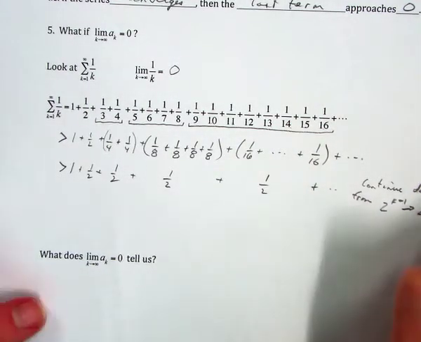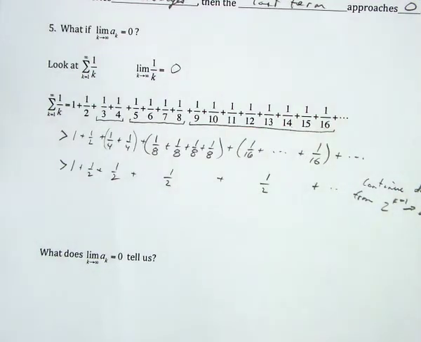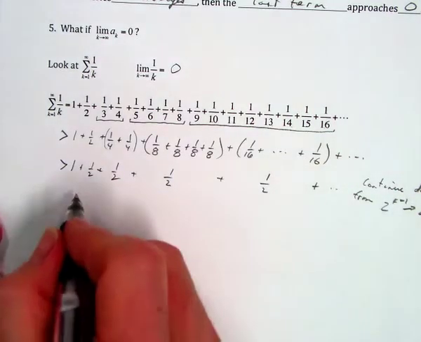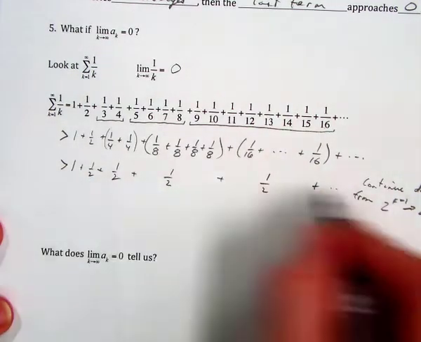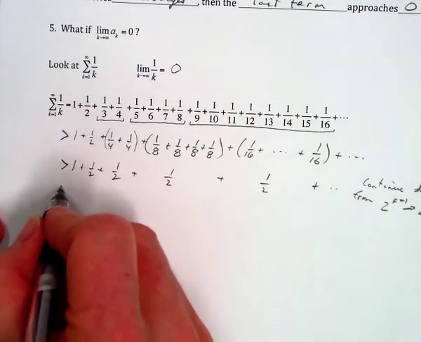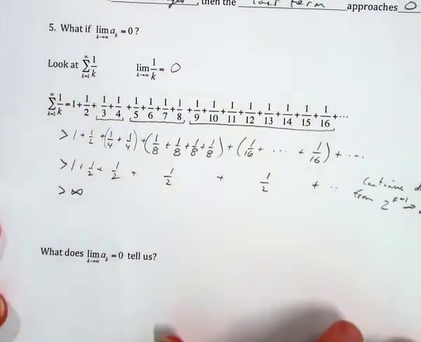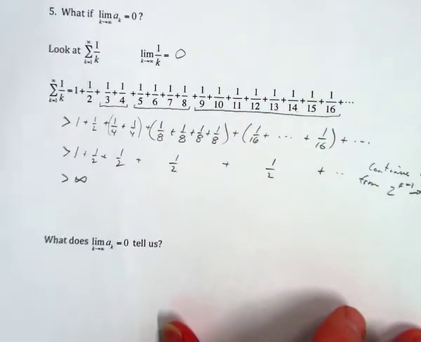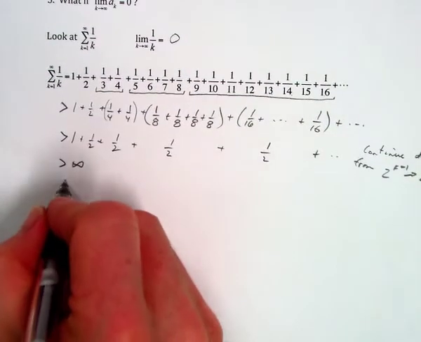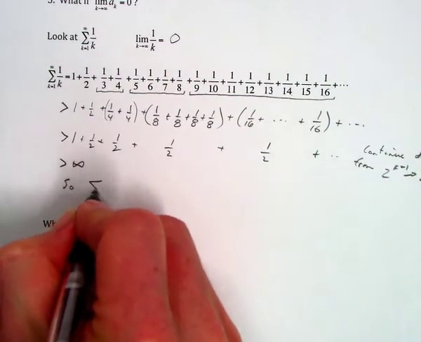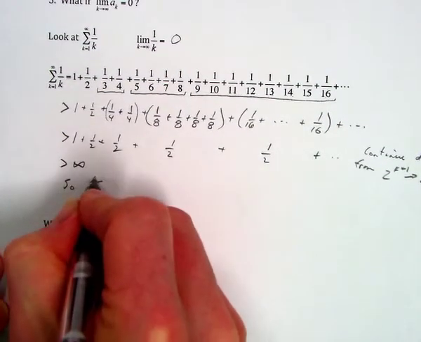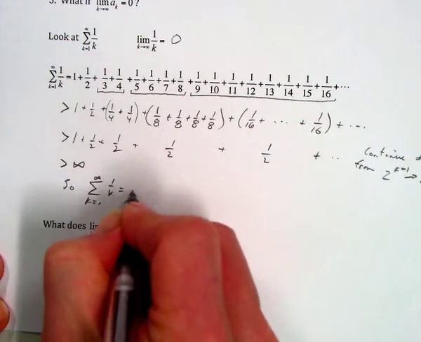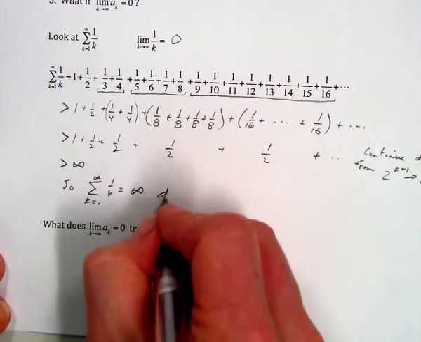And can you continue this indefinitely? Yes. So what does that say? We're adding 1 plus a half an infinite number of times. So we have 1/2. In other words, this series diverges. So we have the sum from k equals 1 to infinity of 1 over k equals infinity, and that diverges.